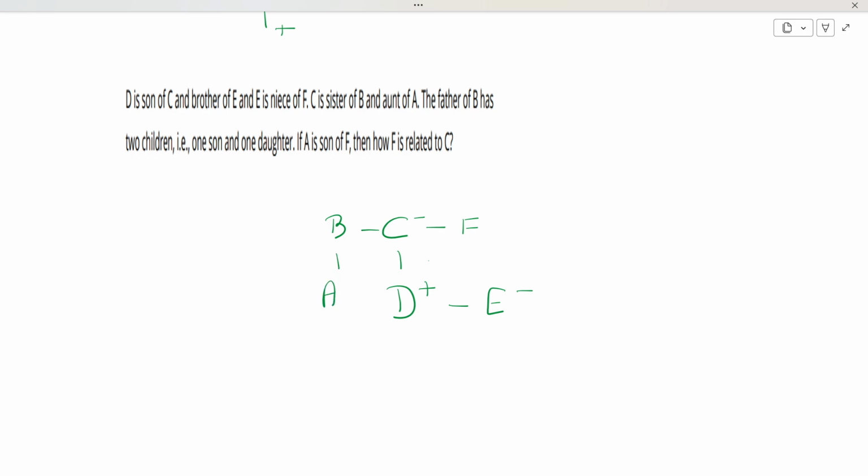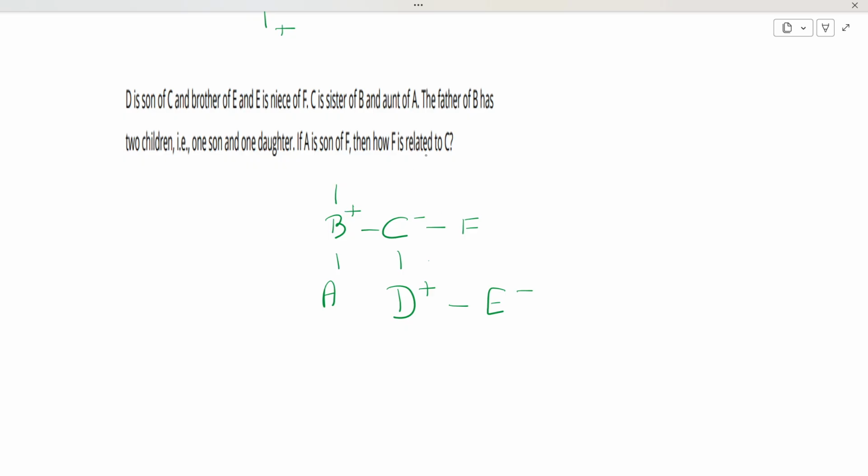Okay. Now, the father of B has two children. And they say one son, one daughter. That means B is technically a male. And it has already been mentioned over here that E is the niece of F. So how can E be the niece of F?